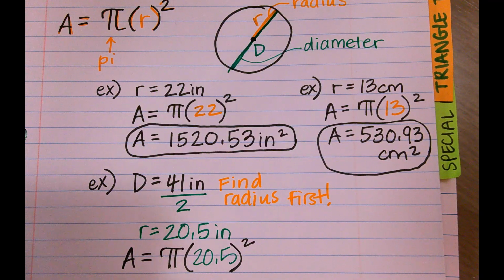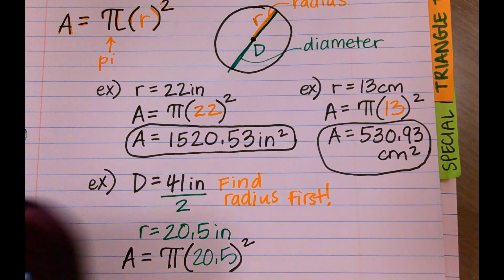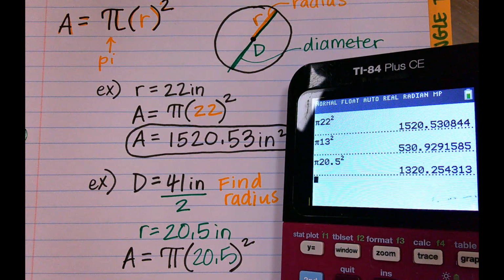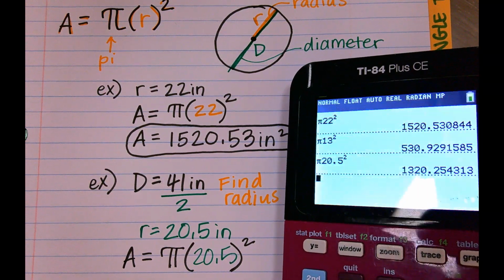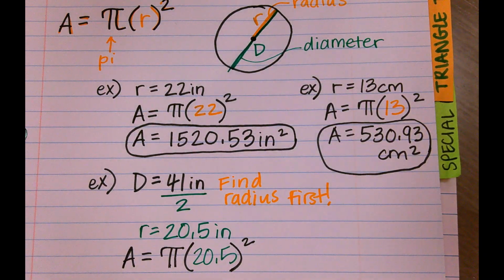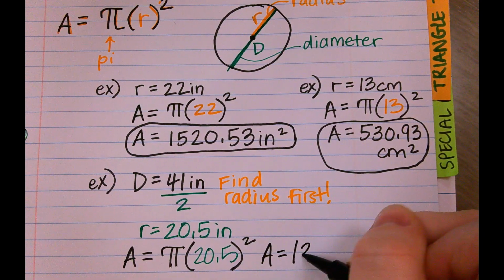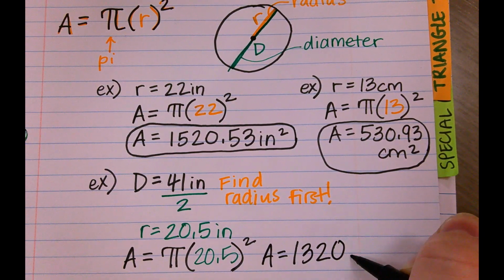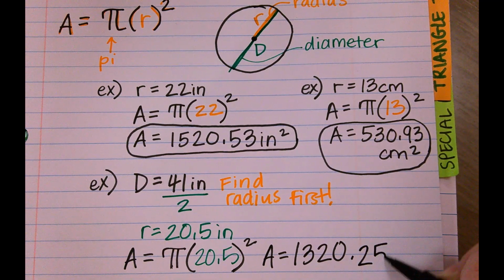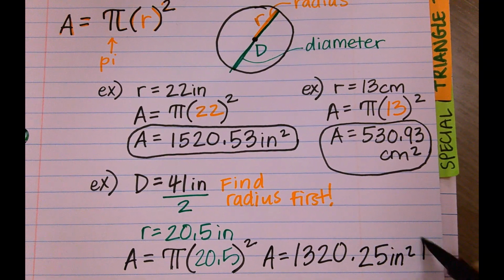That would be 1320.25. Yes, 1320.25 inches squared. So my area is 1322 inches squared.